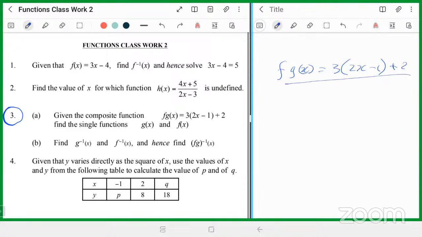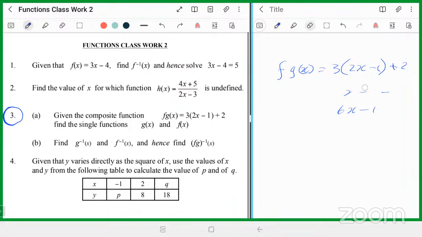And this is written this way for a particular reason, because you want to be able to identify what the g of x is and what the f of x is. Because this could have been written 6x minus 3 plus 2, which is 6x minus 1. But it was purposely set out as it is for us to be able to break those two functions.